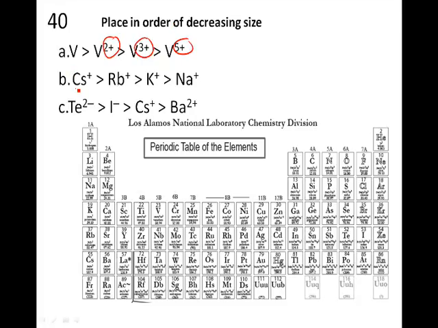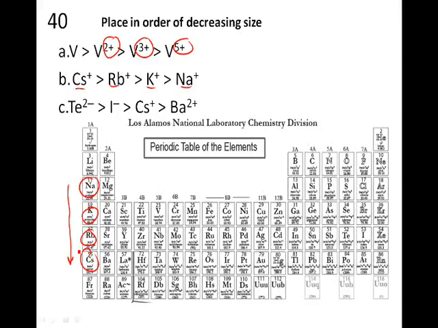So here we have cesium, rubidium, potassium, and sodium. These are all in the same family. Cesium, rubidium, potassium, sodium. They're all the same charge, isoelectric charges, as we looked at earlier. So here, of course, as we go down this group, what really makes the difference is where the valence shell is.